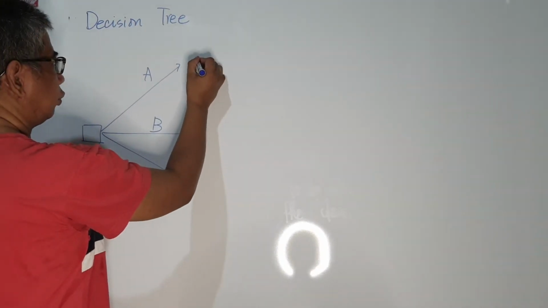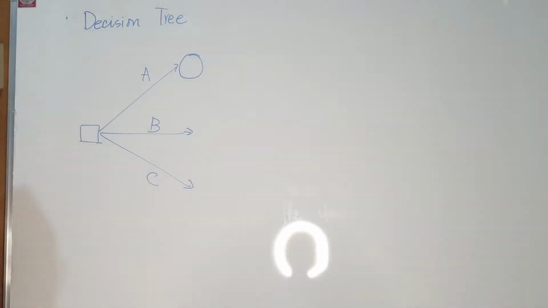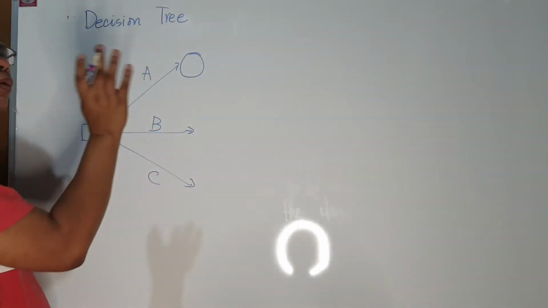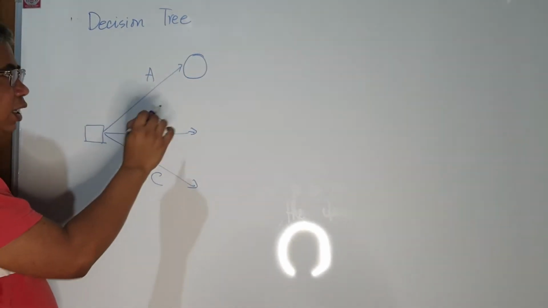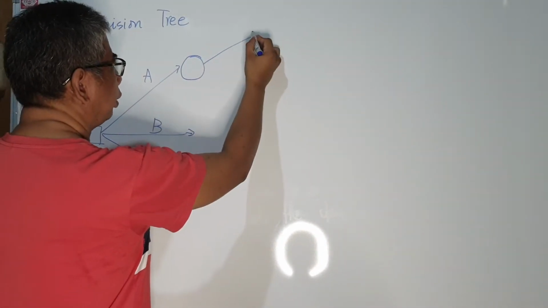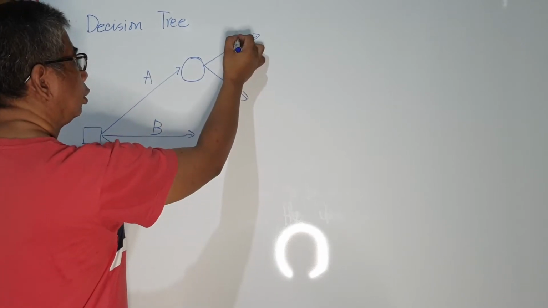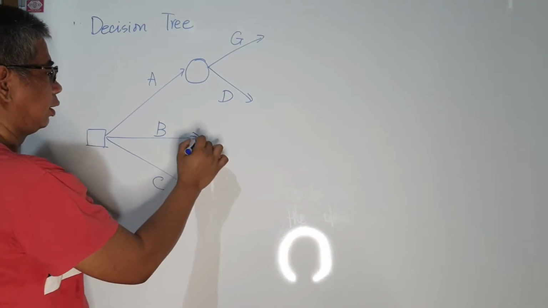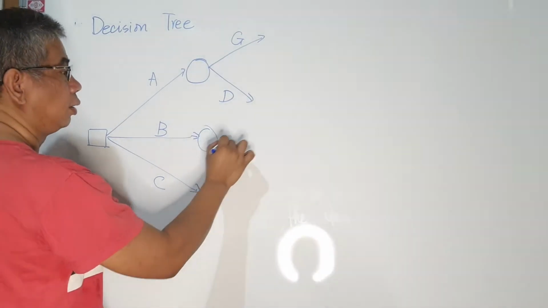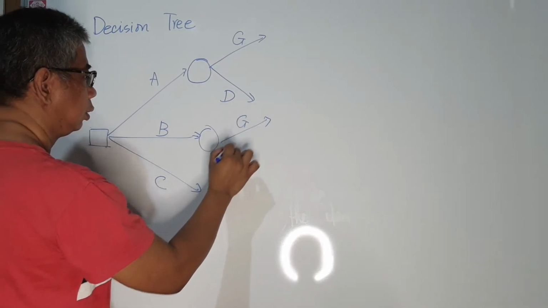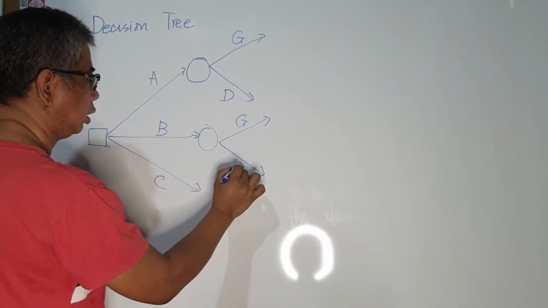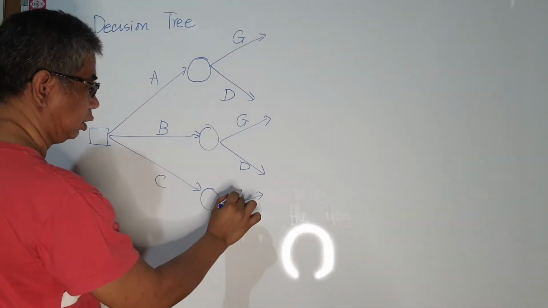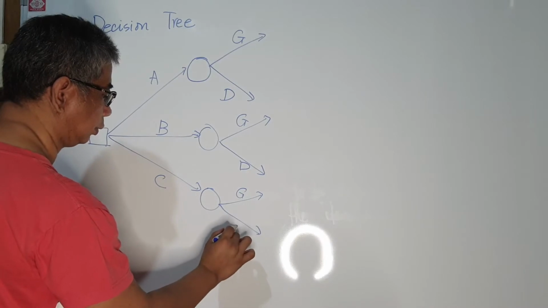Machine A, so we make use of a circle to represent state of nature. Ito yung kalalabasan. Ano ba ang pwedeng kalabasan? Pwedeng ang Machine A will produce good product or will produce defective product. Okay? So, ganoon din sa Machine B at ganoon din sa Machine C.